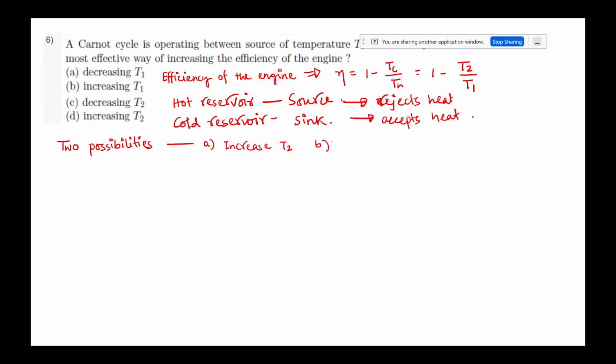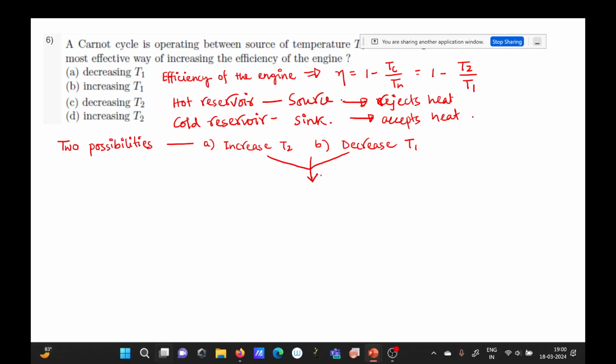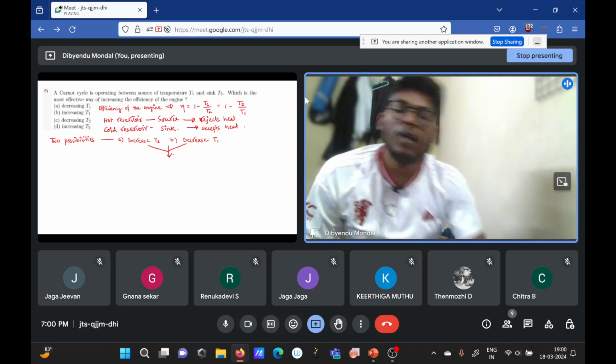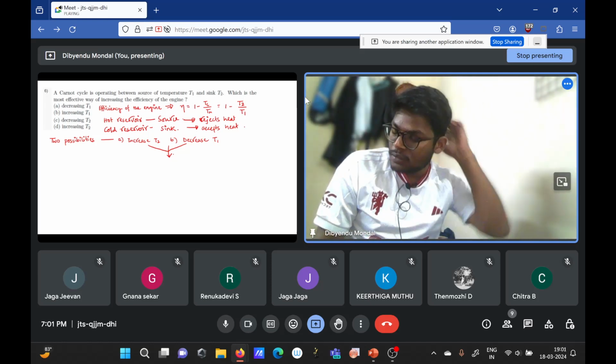Option B, decrease T1. Now, in between these two, which will be more effective? We'll see that, right? That's why I'm saying, what is your guess, or how are you going to solve it?